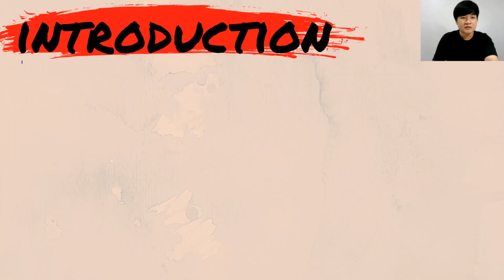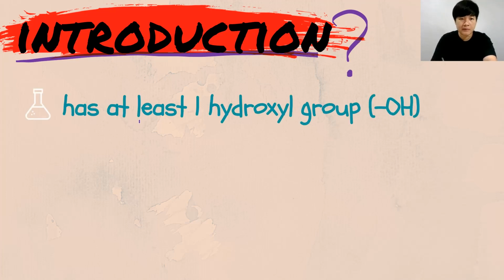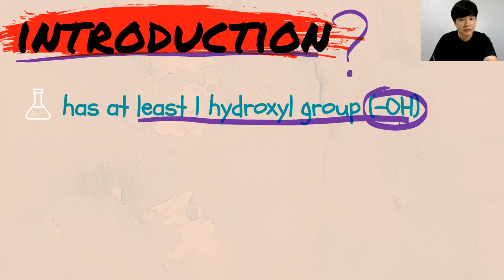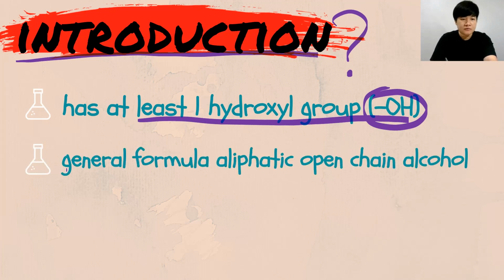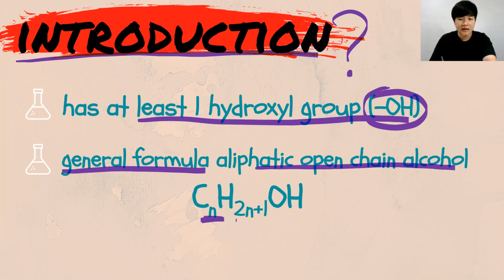Simple. Let's start with asking what is actually alcohol first. An alcohol compound must have at least 1 hydroxyl group. You must have at least 1 OH group in your compound, then only we will call that your alcohol. And the general formula for the open chain aliphatic alcohol will be CnH2n+1OH.